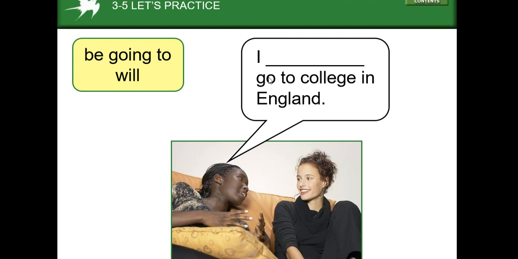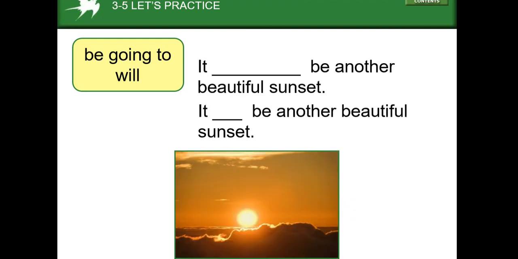Next, be going to or will. It says, I go to college in England. It is a plan or it is a decision at the moment? It is a plan, so we have to use I'm going to. What about this? What do you think, people?